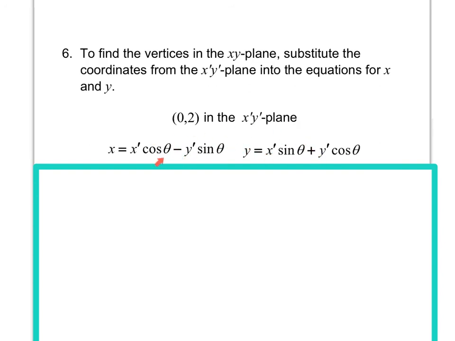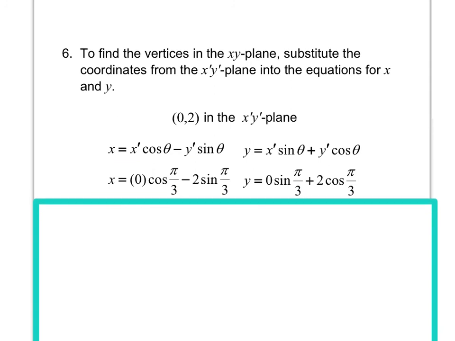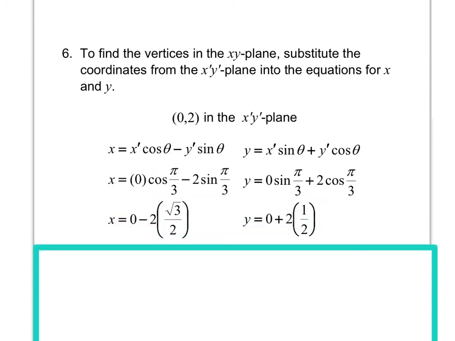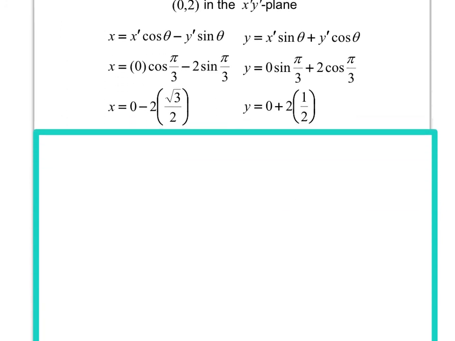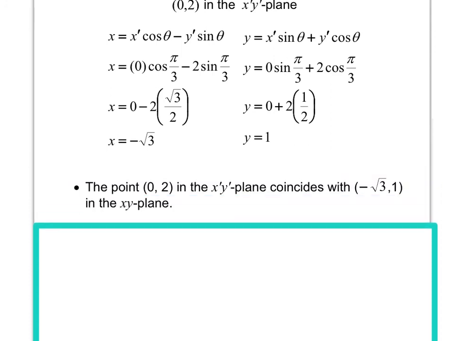And because I know my angle is pi over 3, I'm going to put that in for theta and see what happens. So when I put those values in and I substitute the values from my unit circle, I get this equation. And if I continue to clean it up, I get x equals negative radical 3 and y equals 1. That means that the point 0, 2 in my rotated xy plane coincides with negative radical 3, comma 1 in the regular xy plane.